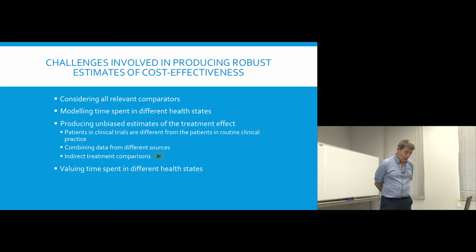And so in short, I want to emphasize that it can really be quite difficult to come up with convincing estimates of cost effectiveness. It's not an easy task, it's not a trivial task. But of course, what I'm going to be arguing is it's worth doing. It's difficult, but it's worth doing.